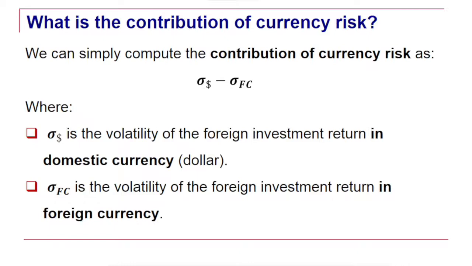The risk is not additive, which is good for us because of the less than perfect correlation between the exchange rate and the foreign currency return. The currency risk contribution is simply the difference between the volatility of the dollar return and the volatility of the foreign currency return.